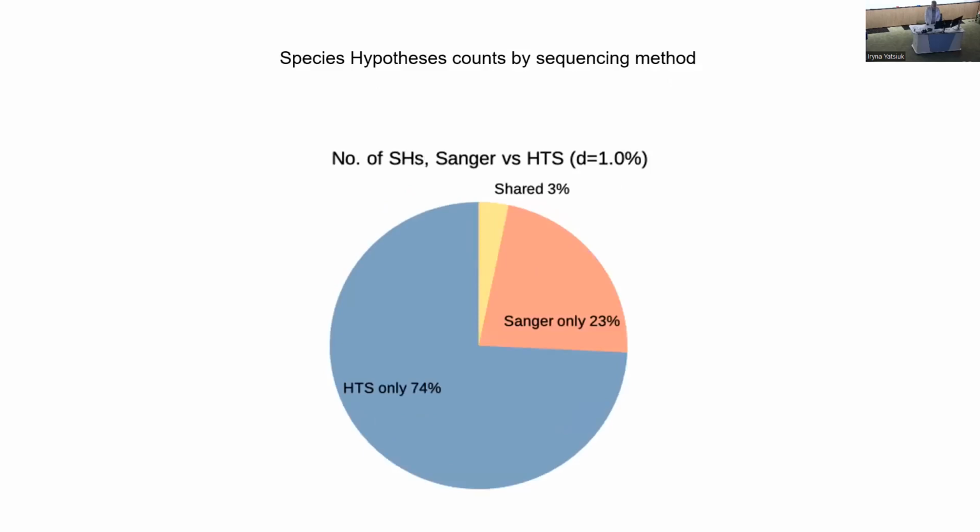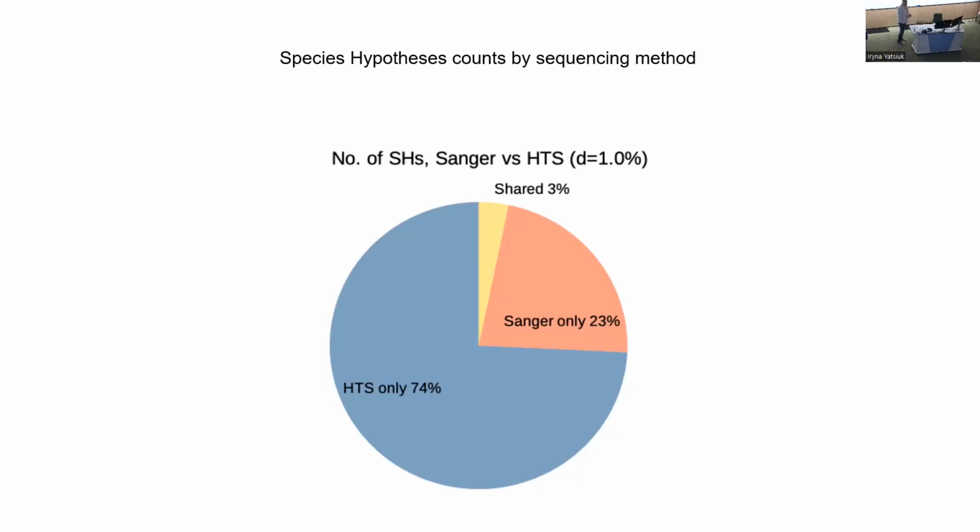And then when we think about, and this was about sequences, now about species hypotheses, and you see that those two, let's say, data sets of PacBio sequences and Sanger sequences, they stay separately, and only 3% of species hypotheses in UNITE include both Sanger and PacBio sequences from environment, which is also interesting to see.